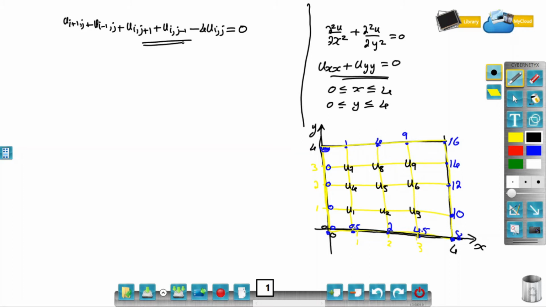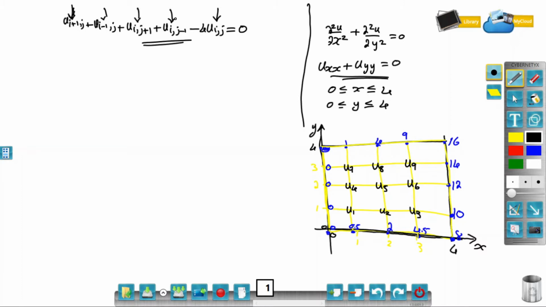The concept of this formula is that u(i,j) is the current point. u(i+1,j) is the right point of (i,j). u(i-1,j) is the left point of (i,j). This is the top point of (i,j). This is the bottom point of (i,j). So we can say it as left point plus right point plus top point plus bottom point minus 4 into current point, that is equal to 0.